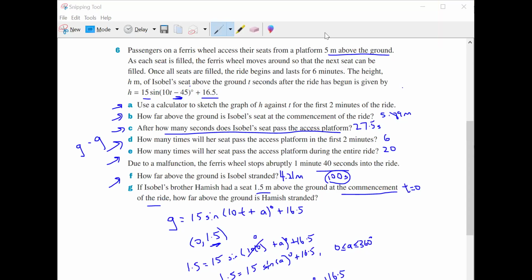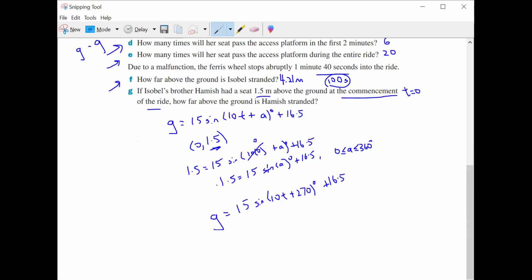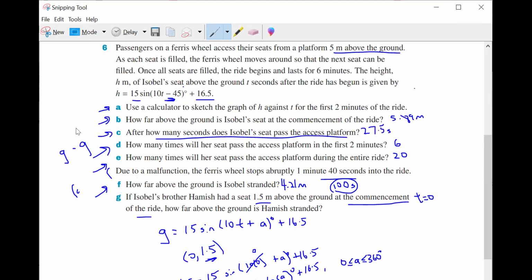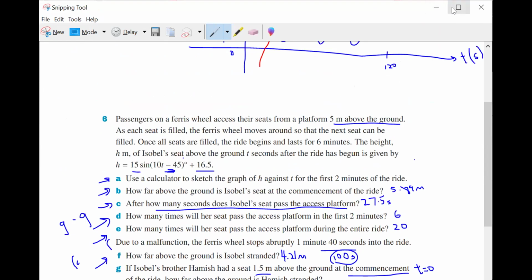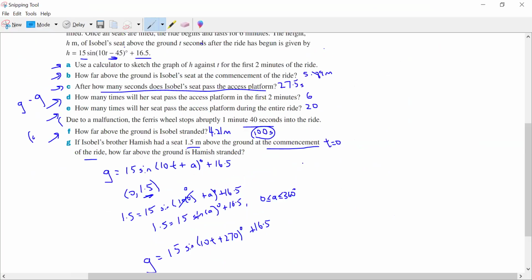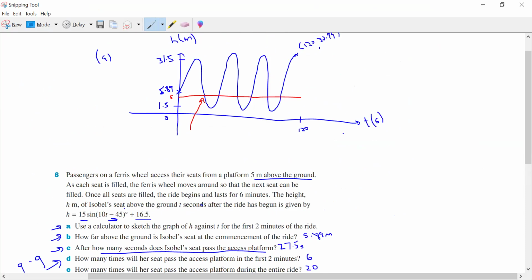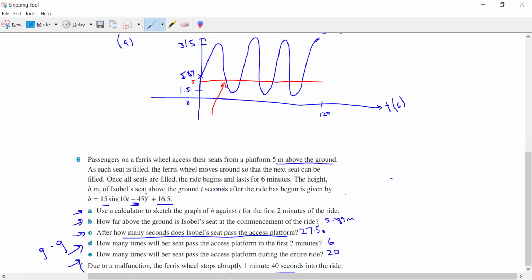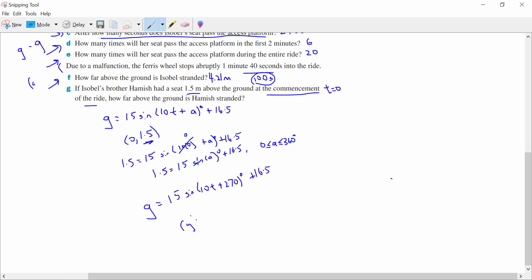So in this case, for part G, the answer is G at 100.